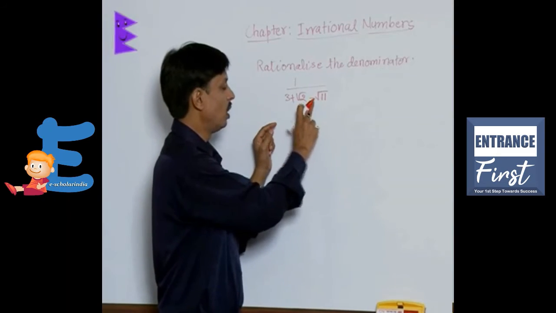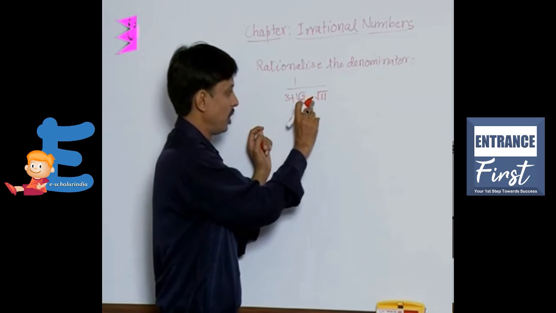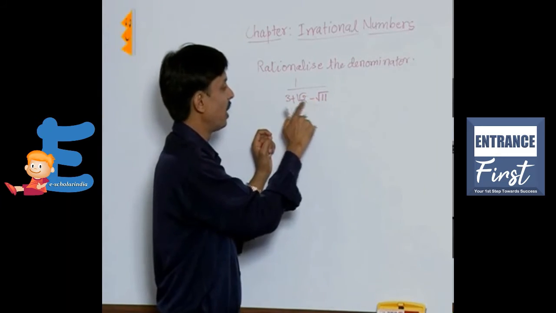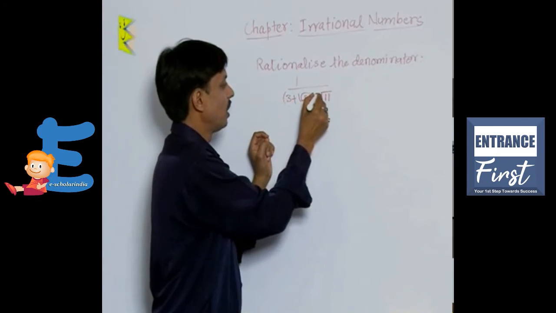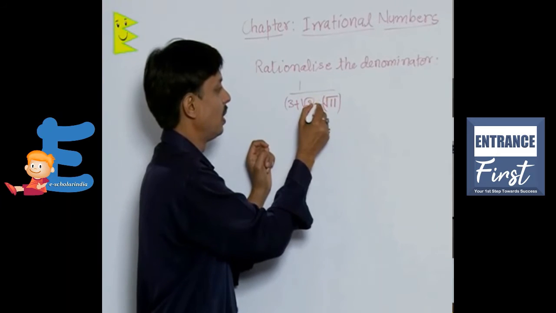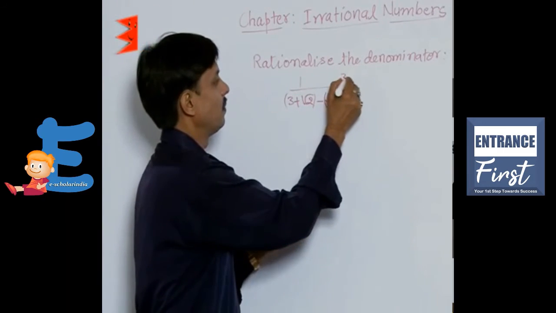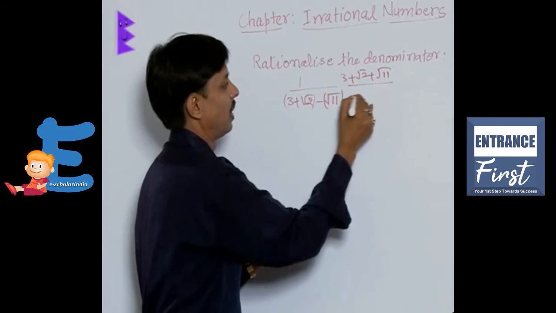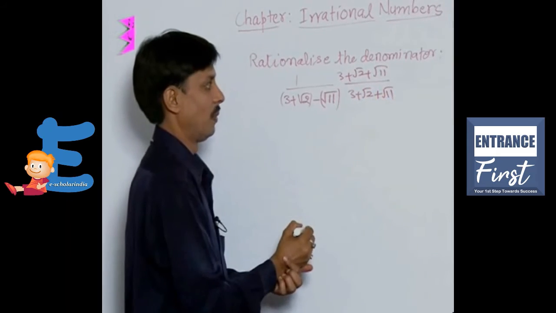So I am going to take these two as first and this as second. Change of the sign in the conjugate is required. So the conjugate will be 3 plus root 2 as one term, and in place of minus the sign will be positive. So this becomes 3 plus root 2 plus root 11 upon 3 plus root 2 plus root 11.